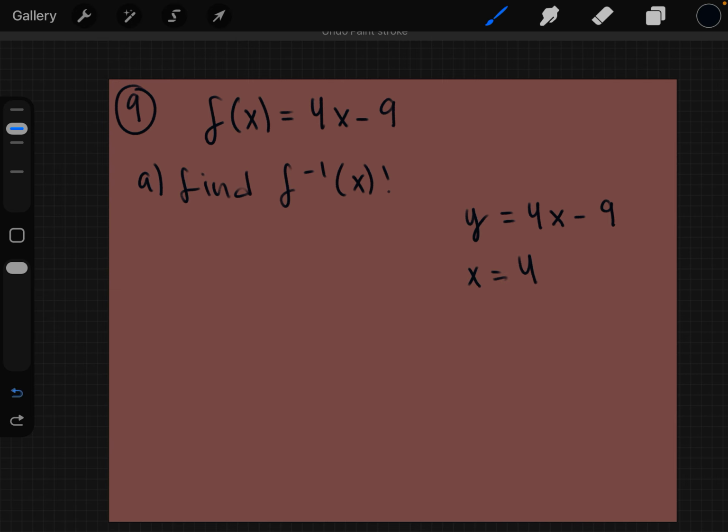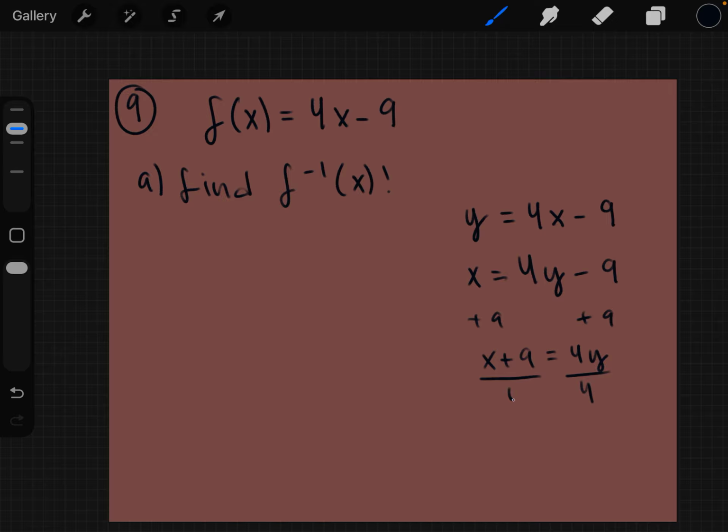And then we solve for y. And then we replace y with f inverse of x.